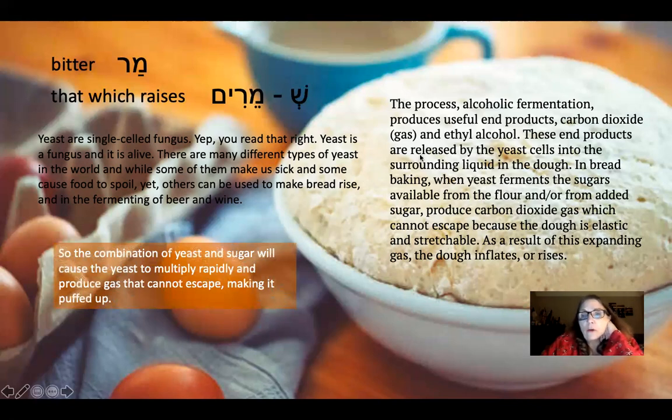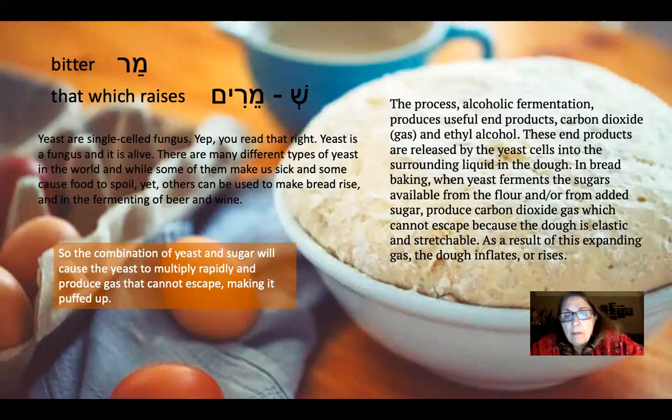And it also relates to what we're talking about today. So the combination of yeast and sugar, like I said, back in Jesus' day they probably used honey, but today we usually use sugar, will cause the yeast to multiply rapidly and produce gas that cannot escape, making it puffed up.